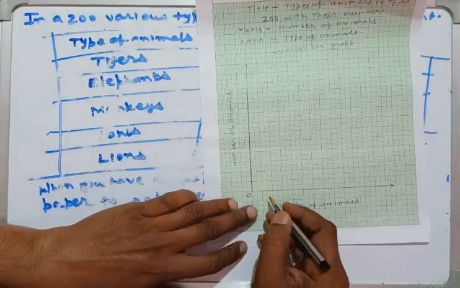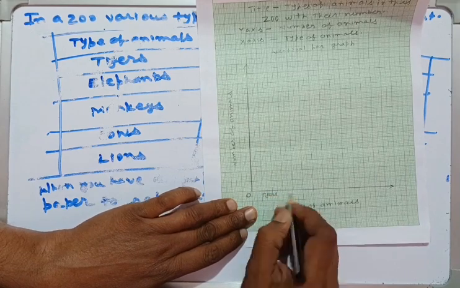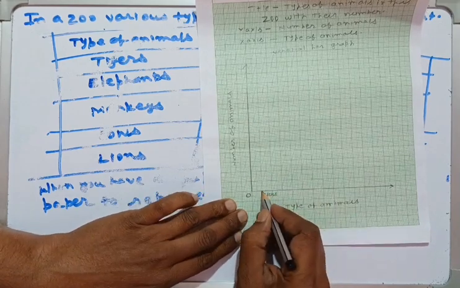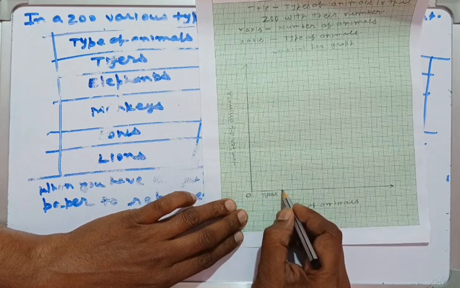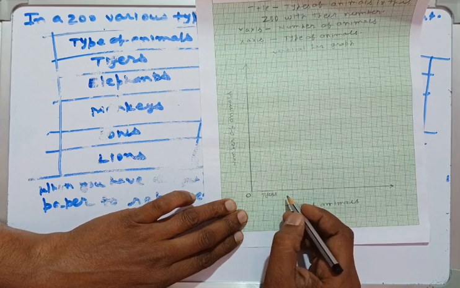Then what do we write here? The first one is our tiger, so we write tigers here. Then we assume 1 centimeter. Next we also assume 1 more centimeter for the base of the bar.